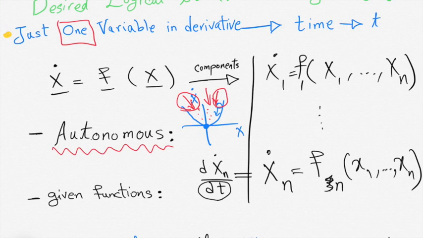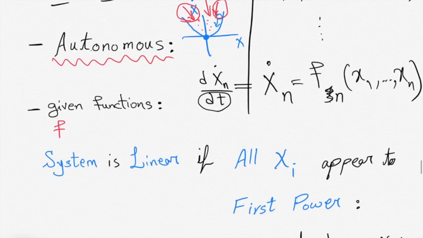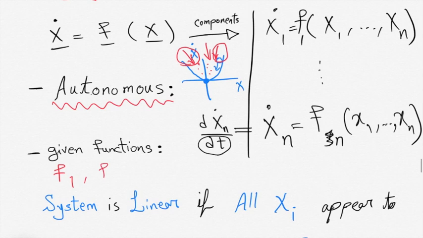And even if we have a function which is dependent on t, we can define another variable and make it independent. The functions f1, f2 till fn are given by the system that we are studying.